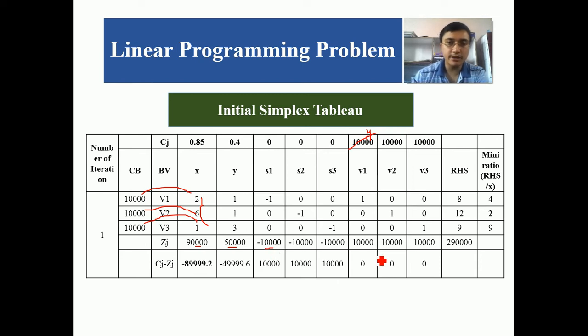And the most important row is the Cj minus Zj row, and this row determines which is our pivot column.